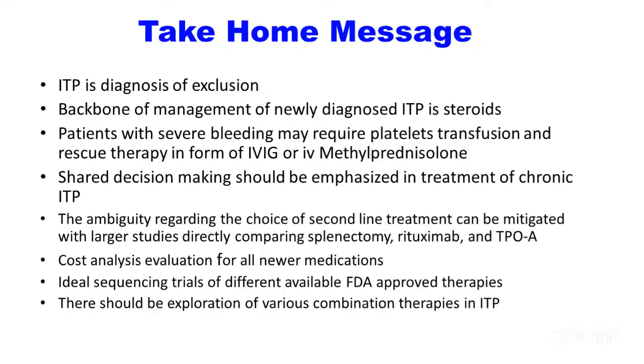Ideal sequencing trials of FDA approved therapies, as I have already mentioned, and there should be an exploration of various combination therapies of ITP. Some areas still remain gray, where even 10 to 15% of chronic ITP patients are not responding to therapy and succumbing to death. So there is more horizon to explore.